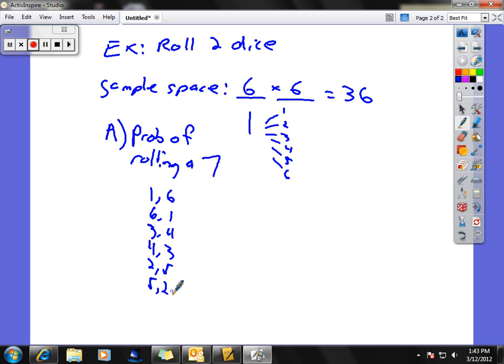All right. So the probability here is going to be our 6 ways that we can get a 7 over how many total things that could possibly happen. It'd be 36. So I think you can reduce that, right? Yeah. Okay.